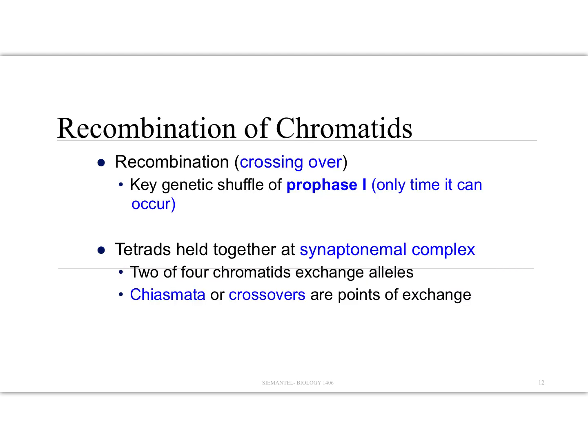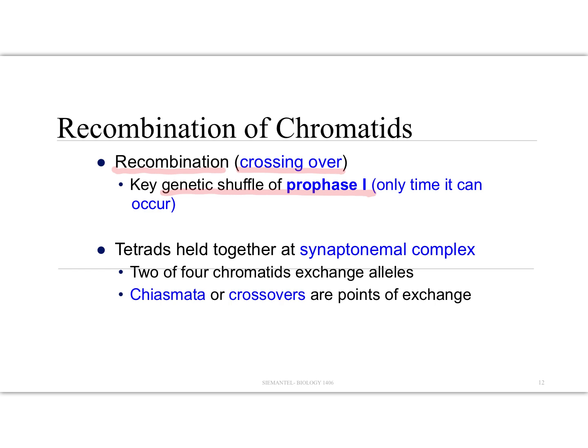Okay, so let's talk about the recombination of these chromatids because it really is key when it comes to genetic diversity. Recombination, like I mentioned, is also called crossing over, and it's a genetic shuffle or exchange that only takes place in prophase 1. That's the only time it can happen.